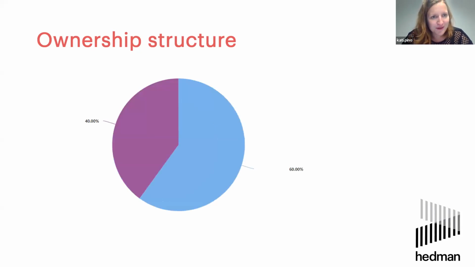Number three, 60/40. Well, in this case also, in most cases, the one with the 60% can rule the company, and only in some central decisions has to ask for the 40% owner to be on board as well.